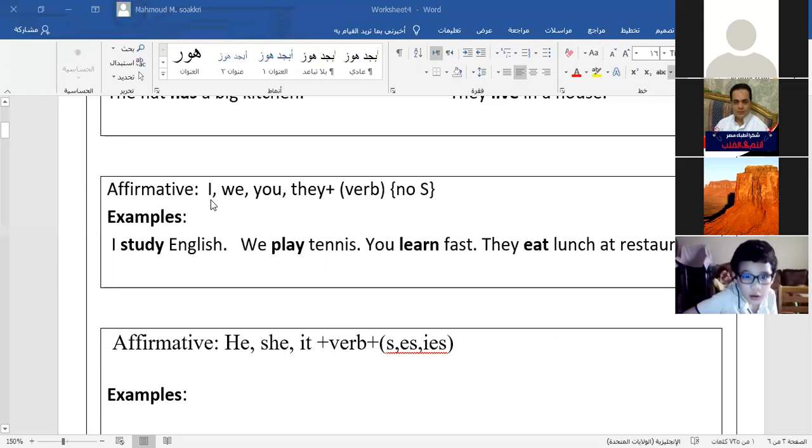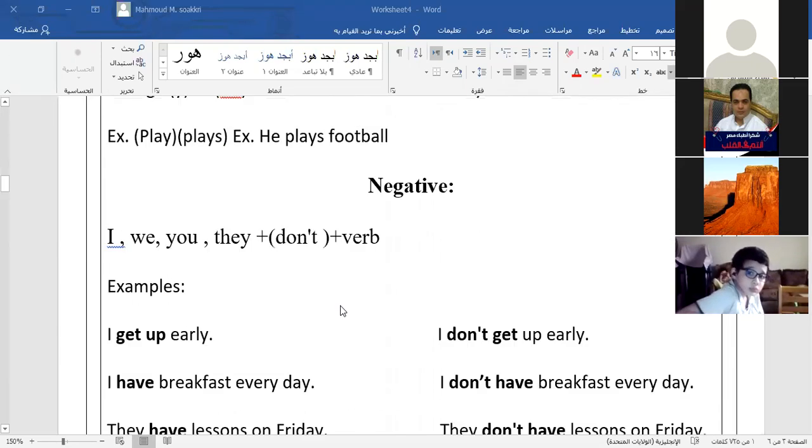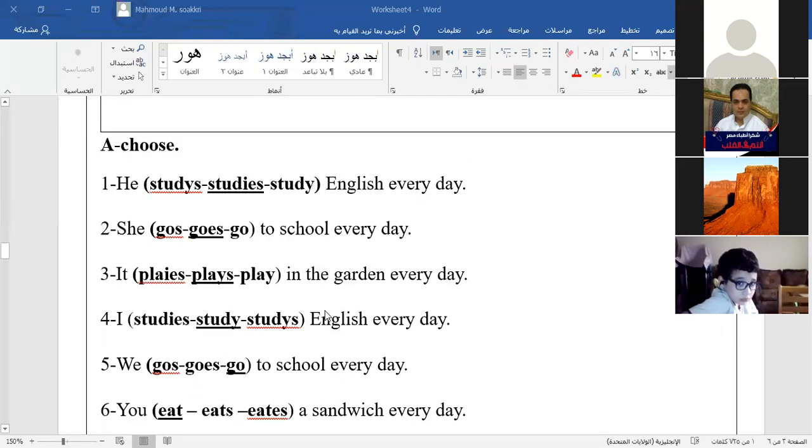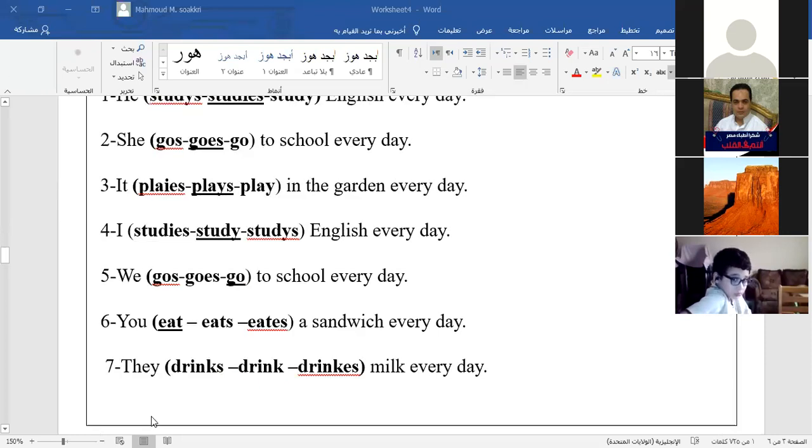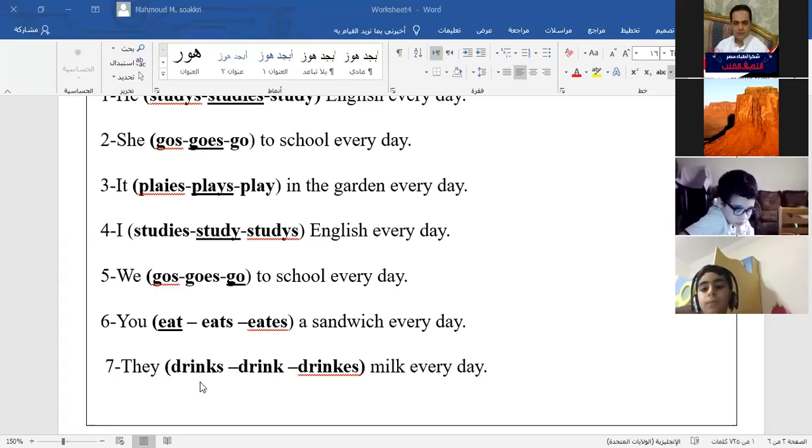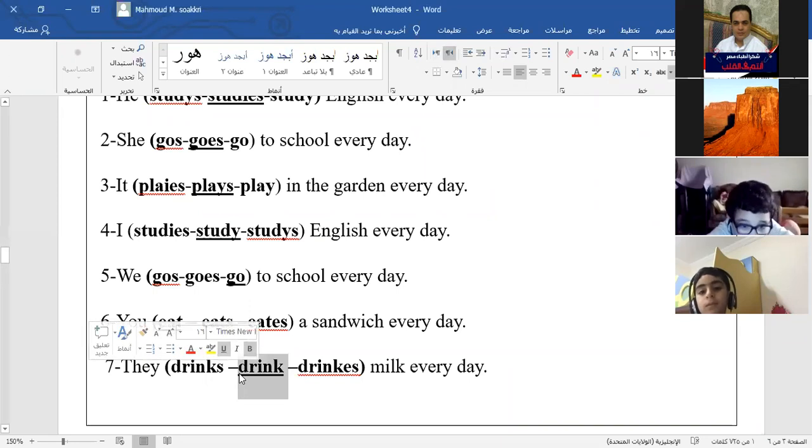With I, we, you, they, verb, no S. And here in your question, you have they, right? So how can we choose the verb with S? No. So what is the correct answer? Look at 3. What is the last letter? Number 2. Well done, Malik. Thank you very much.